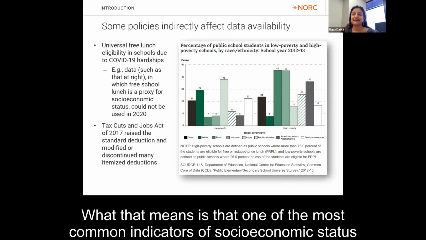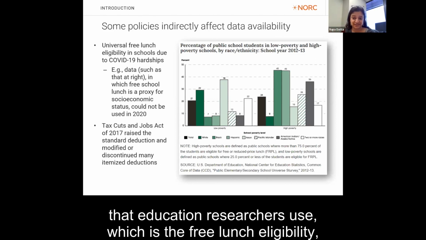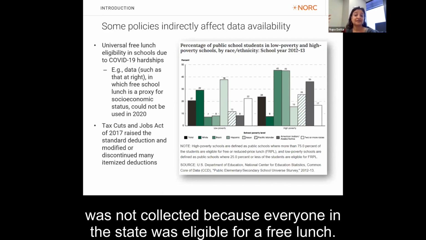What that means is that one of the most common indicators of socioeconomic status that education researchers use, which is free lunch eligibility, was not collected because everyone in the state was eligible for a free lunch.